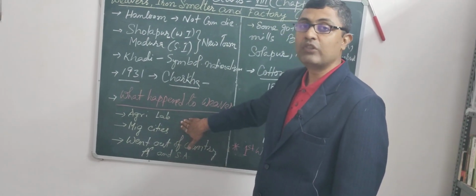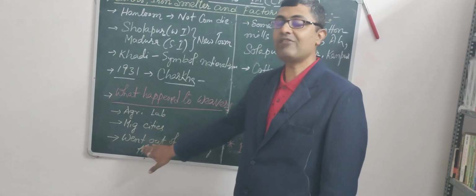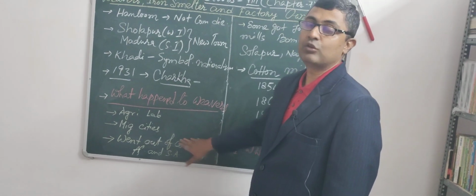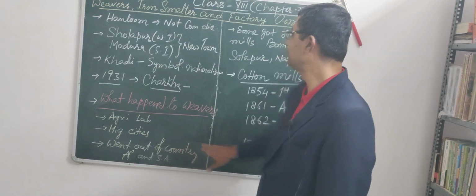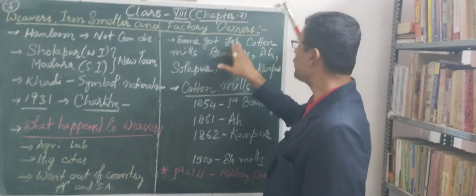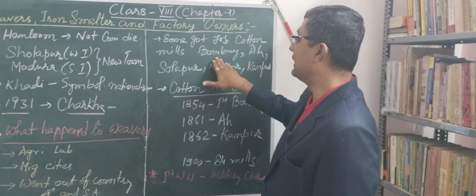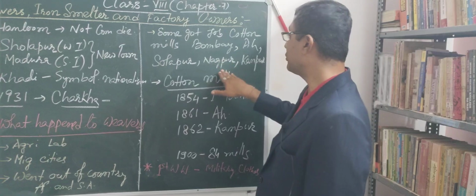Some weavers migrated to the big cities. Some weavers went out of the country to Africa or South America for jobs. Some got jobs in cotton mills, for example in Bombay, Ahmedabad, Sholapur, Nagpur and Kanpur.